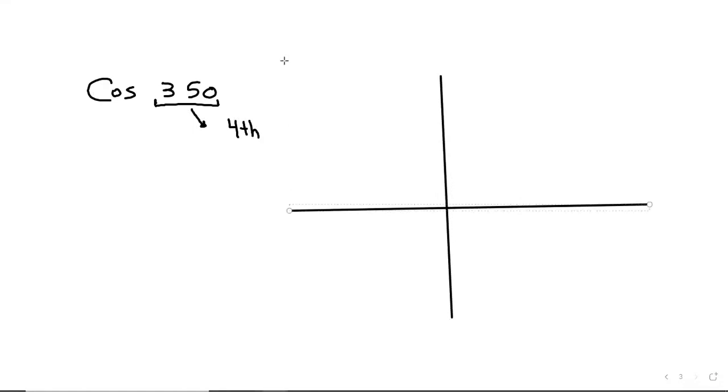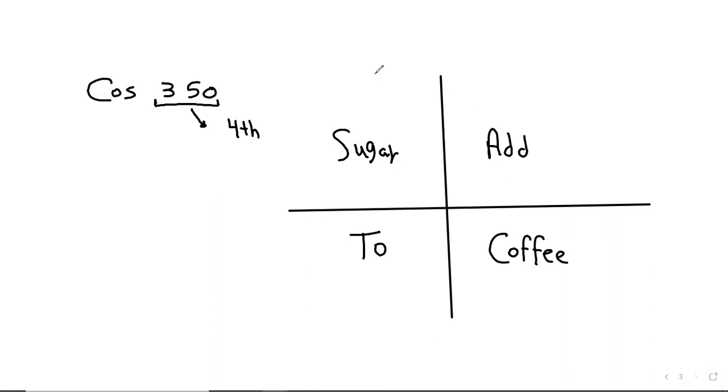Do you remember this sentence, add sugar to coffee? Do you remember it? Yes. What does it mean, Yusuf? Add means all trigonometric functions are positive. S means sine is positive. And in the third quadrant, tan is positive.